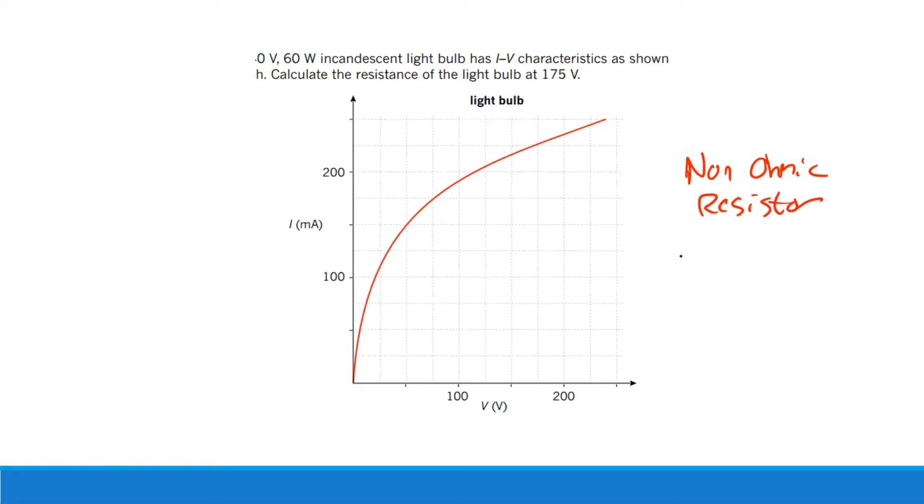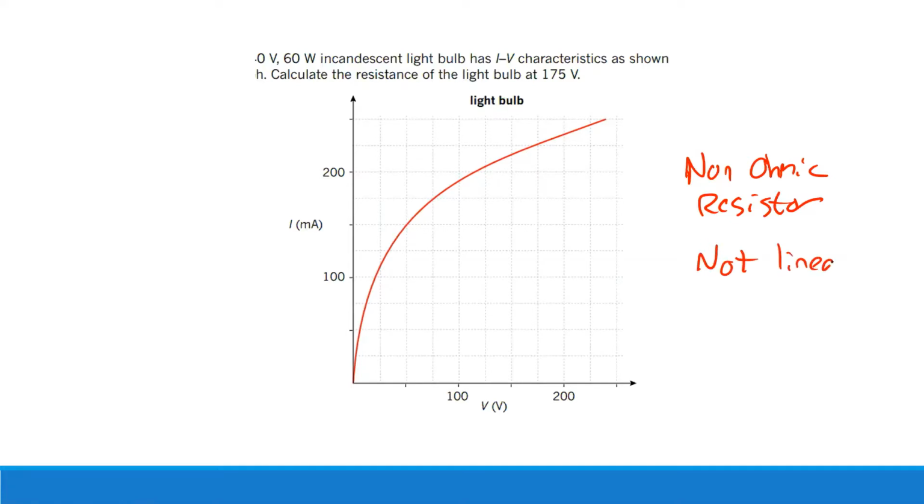And I've already talked about this 3 times already, but can someone tell me, how does Mr. Greer know this is a non-ohmic resistor? What is the clue? It's not linear.